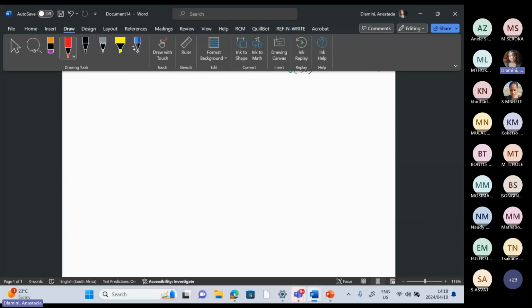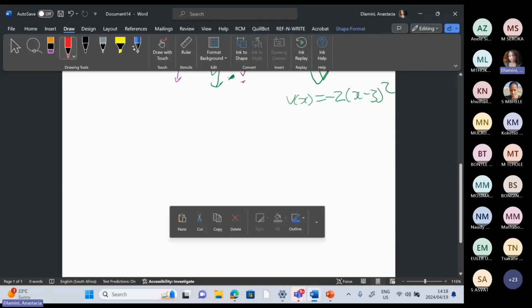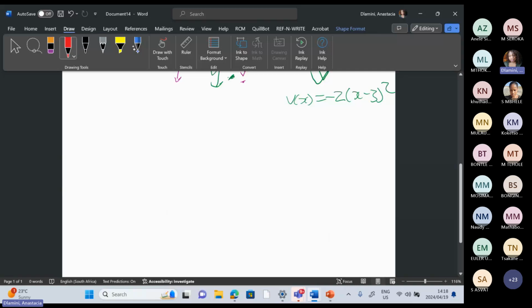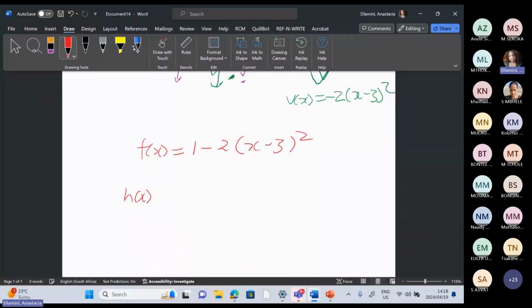Let me just summarize it, because if you start shifting anyhow, it will give you a problem at some point. What I said was f of x equals 1 minus 2 times (x minus 3) squared. I started with h of x, and I said this is x squared, a parent function, right?